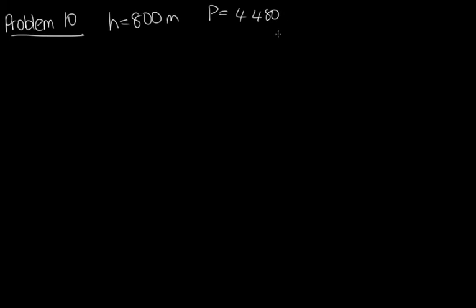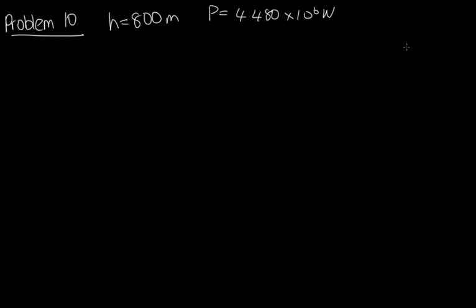And problem 10. So in this problem, we're told that the total change in height of water passing through the snowy mountain scheme is 800 meters. This water is used to produce 4,480 megawatts, so that's times 10 to the 6 watts of power.